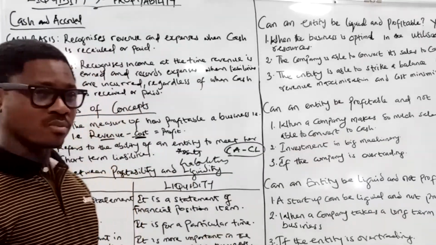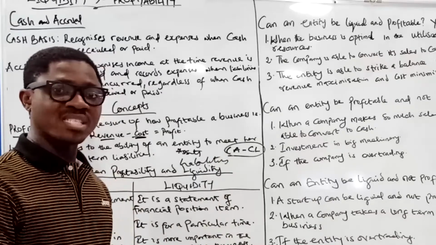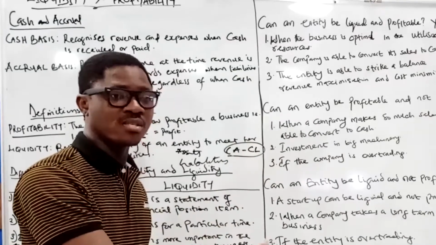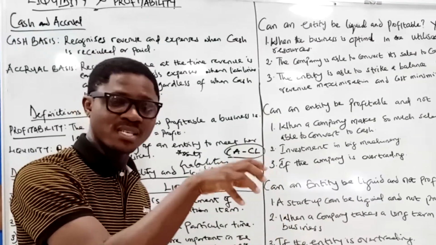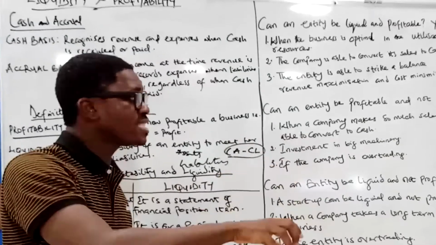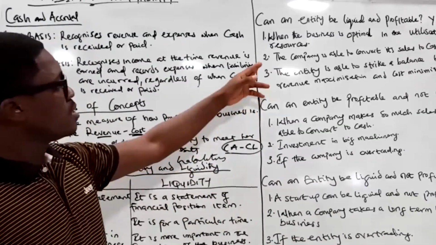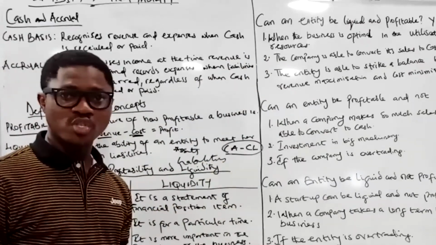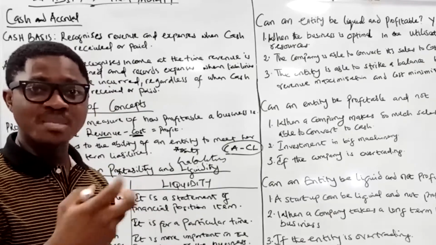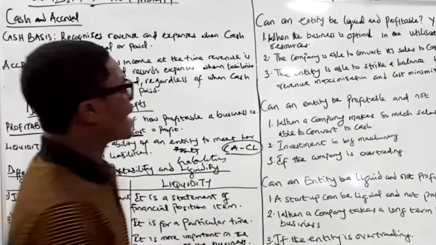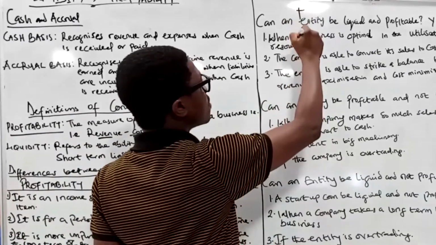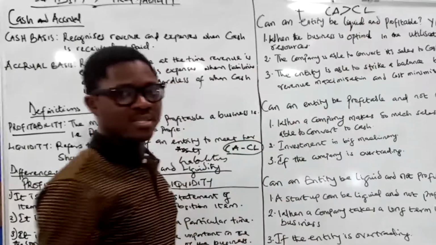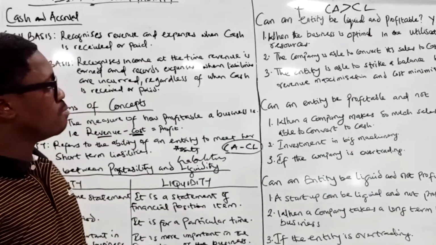In that situation, the company has liquidity, and the liquidity is invested into the business in the form of inventory and other investments, generating revenue, and the revenue is converted into cash. So the company is striking a balance between the liquid position and the profitable position. This means that the bottom line is positive and the current assets exceed the company's current liabilities. That is what that means.